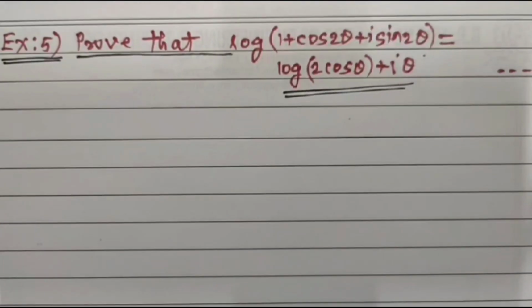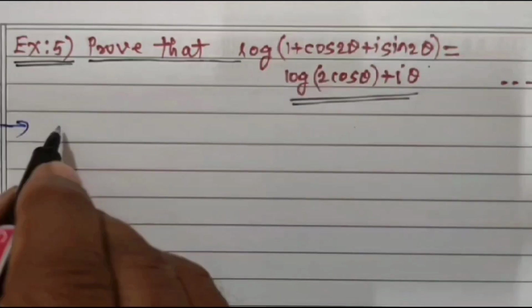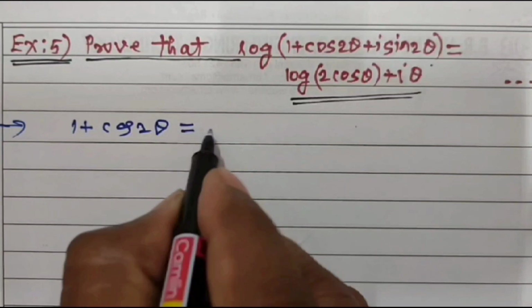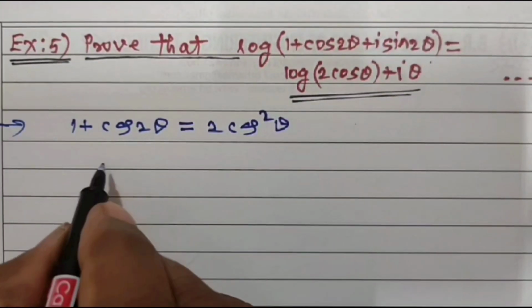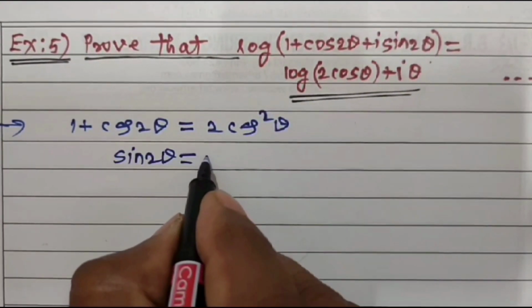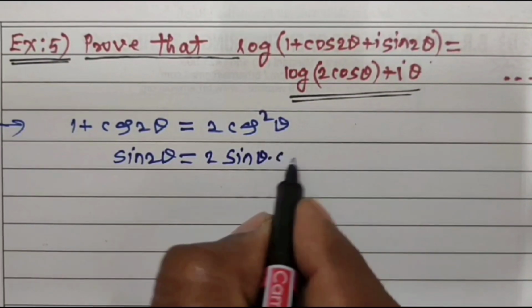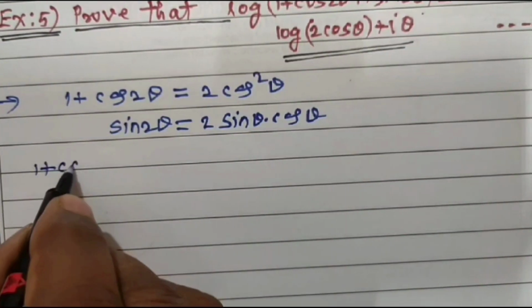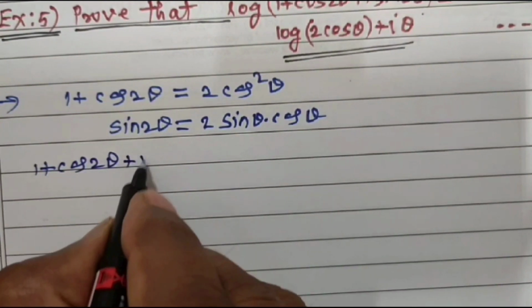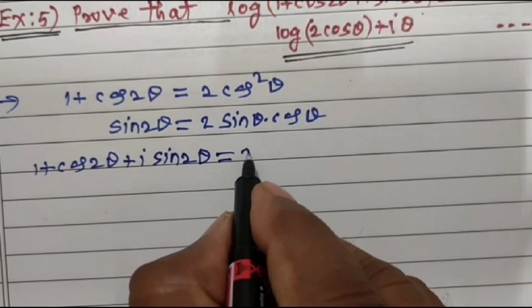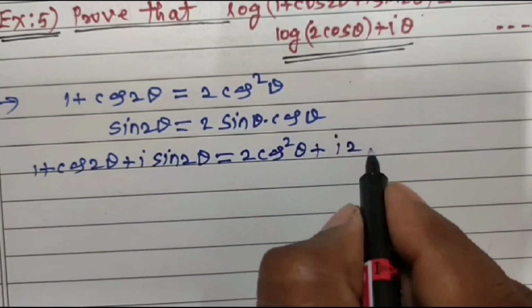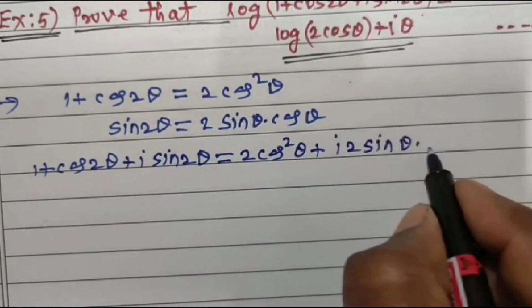Before that, we must know the trigonometrical formulae. 1 plus cos 2 theta is equal to 2 cos square theta, and sin 2 theta is equal to 2 sin theta into cos theta. Now we want 1 plus cos 2 theta plus i sin 2 theta. This is equal to 2 cos square theta plus i into 2 times sin theta into cos theta.